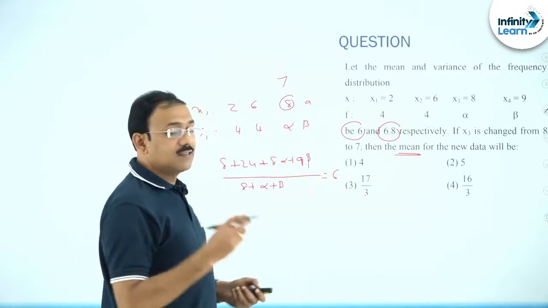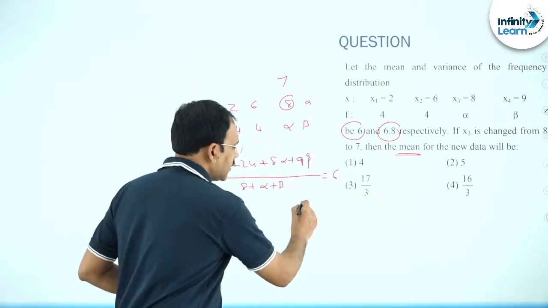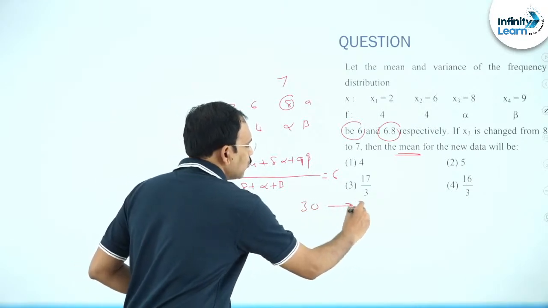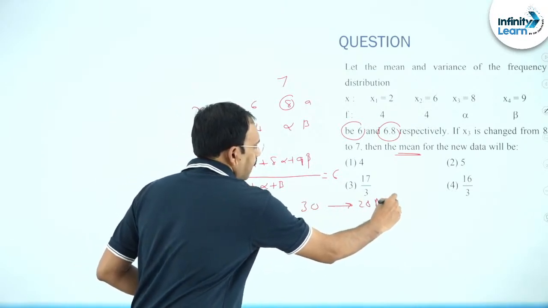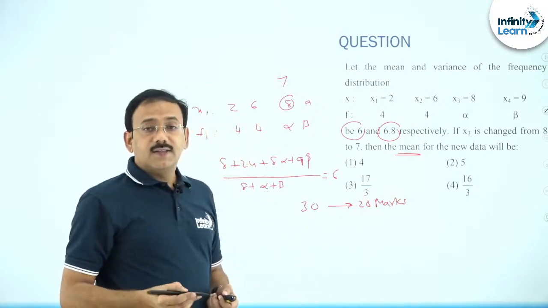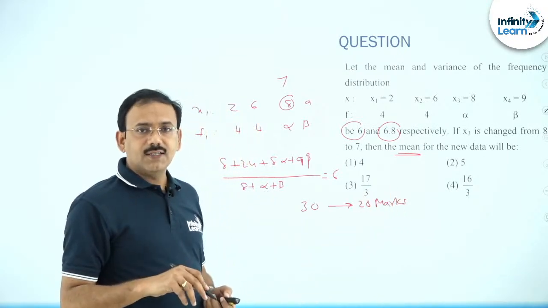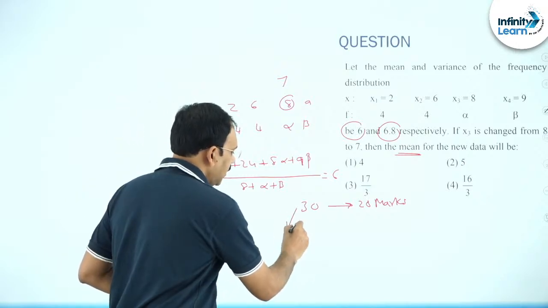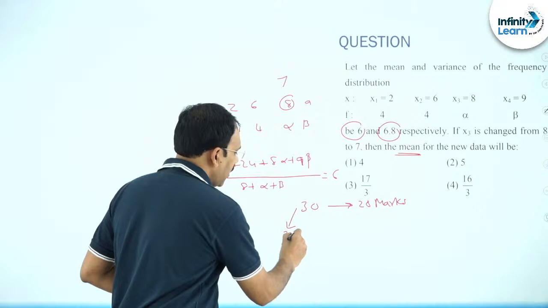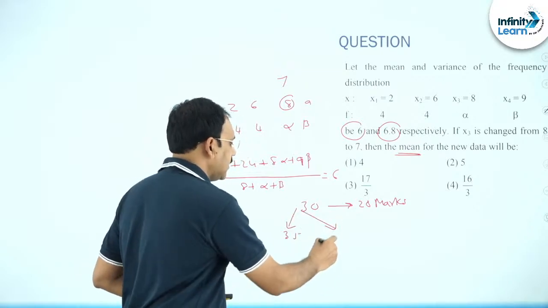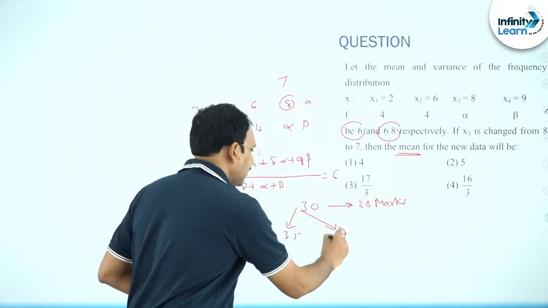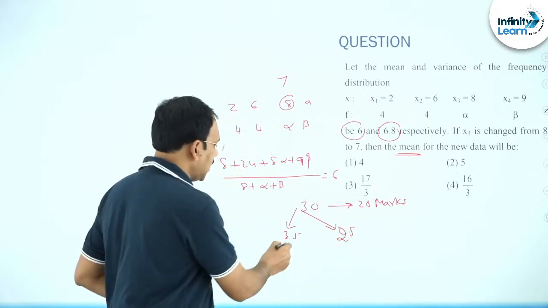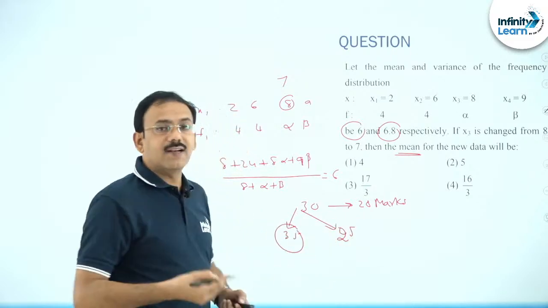For example, this kind of question you can say: for 30 students average is 20 marks, then we have noticed that a student who actually got 35 marks was wrongly entered as 25.